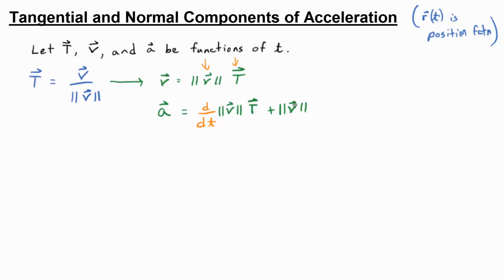I'm going to mix my notation here. Shame on me. I'm going to call it T prime. Does everybody agree with that? That is the product rule for a scalar function times a vector function. Everybody okay with that? No. But do you understand it?